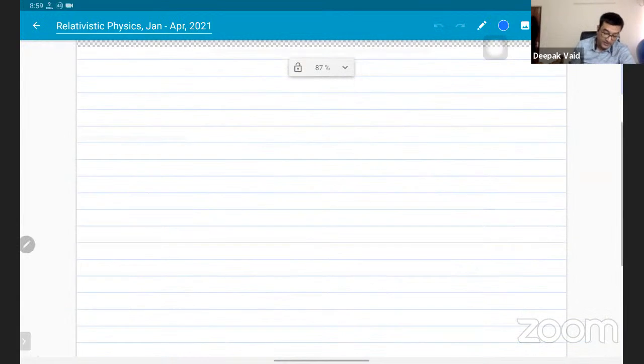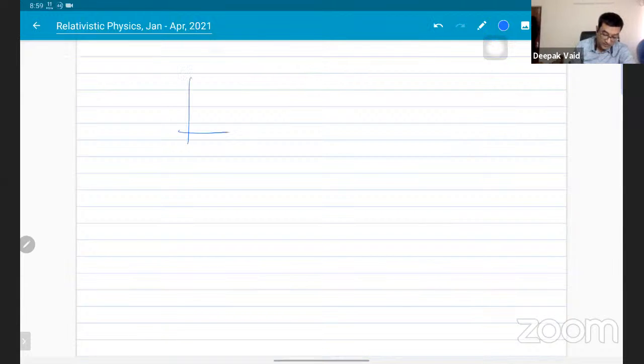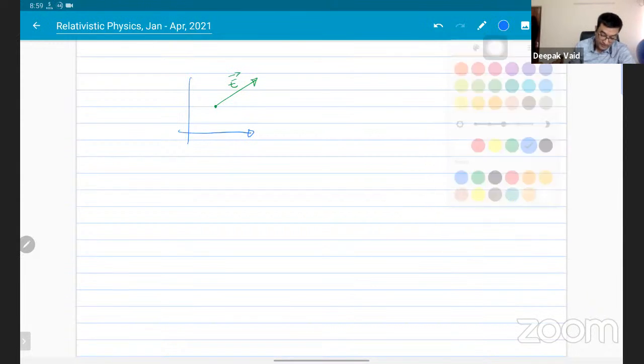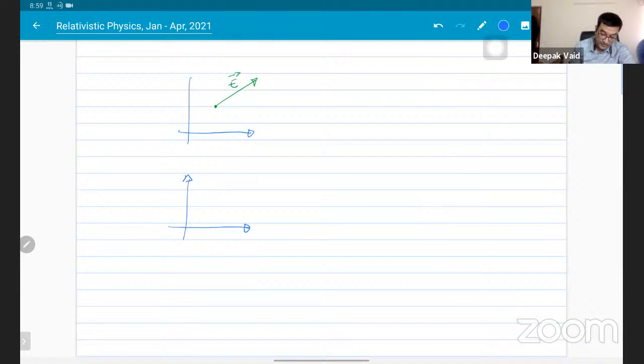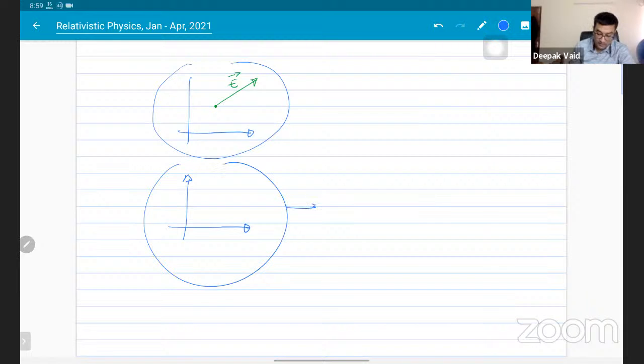So what this means is that I have some electric field in this frame of reference, and I have some magnetic field also in this frame of reference.